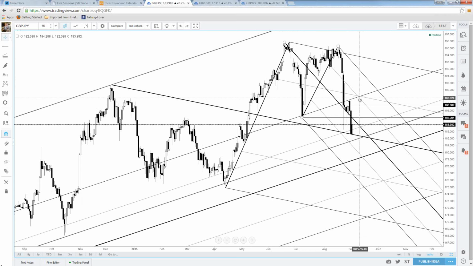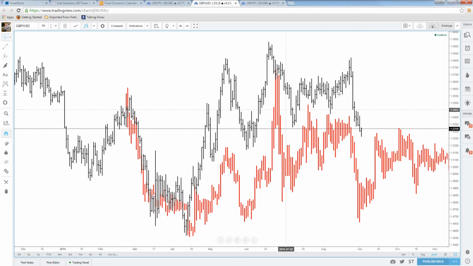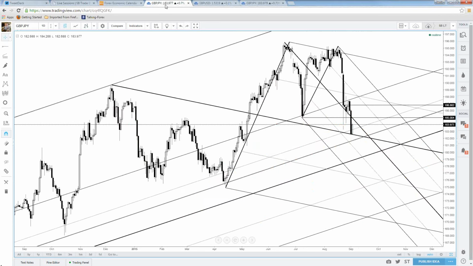That would be pretty much in line with the broader pound analog of getting a fairly substantial pullback before we go lower, depending on what dollar yen's going to do, obviously. Just kind of speculating here.